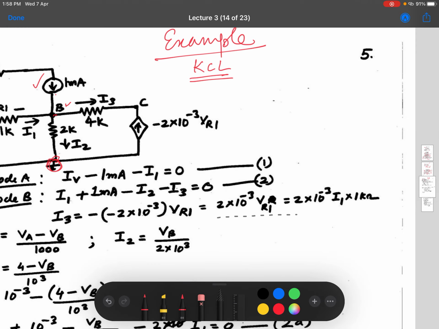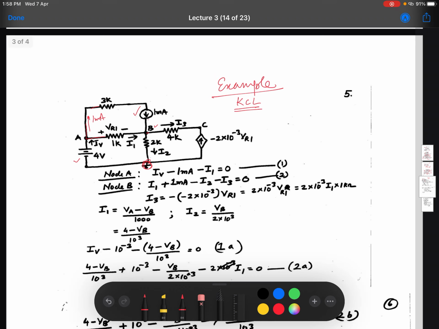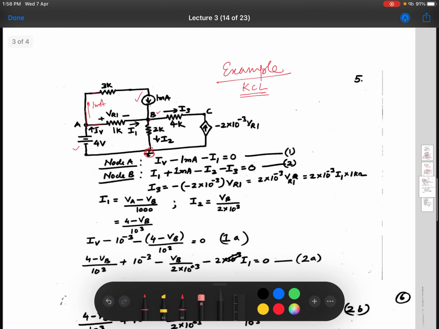For VR1, I am substituting VR1 equal to I1 into 1 kilo ohm. So that is how this is taken care of, and I3 is something like this.